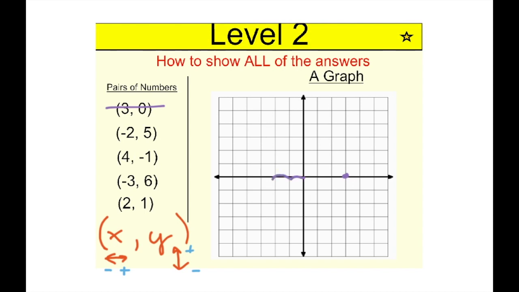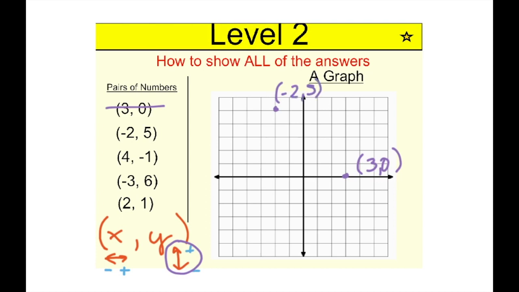And then since it says +5 for y, that means I'm going to go up 5. 1, 2, 3, 4, 5. And I'm going to put a dot. Now I'm going to do a little erasing because this is going to get really messy. It was -2, 5, which was right there. Let's go ahead and label these. This one's 3, 0. This one is -2, 5.